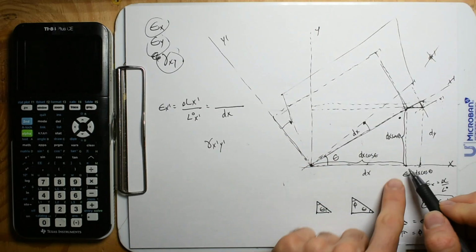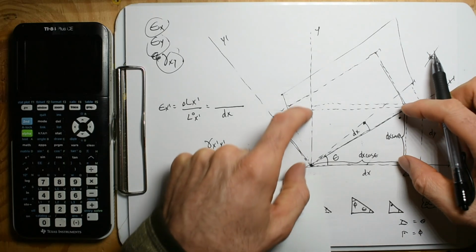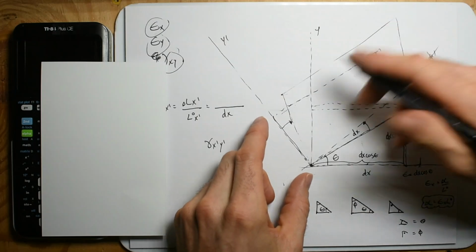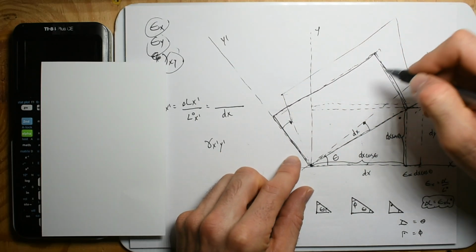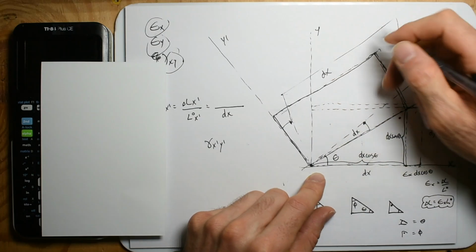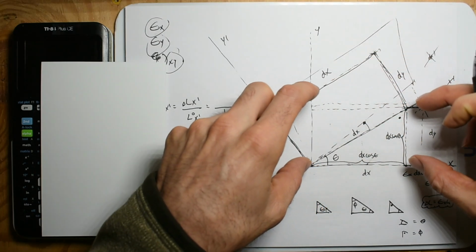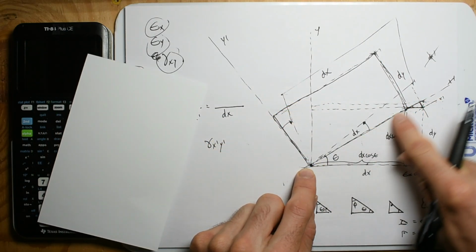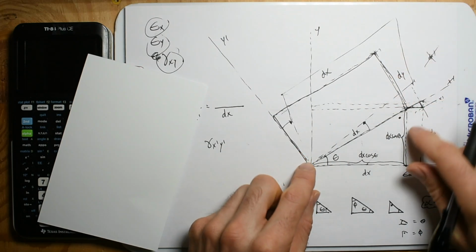So the strain in the x is going to cause this. Still, this is our element that we rotated. This is dy and then dx. But I can't analyze it at this rotation, so I kind of have to box it in this way. I'm only analyzing this line right here so far, and I want to know if it changes angles.